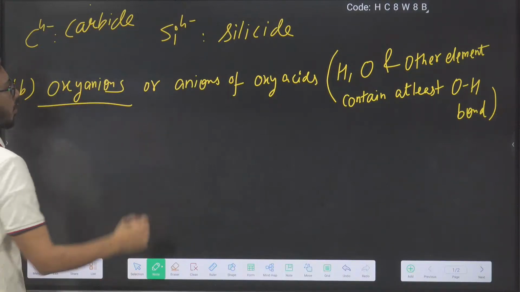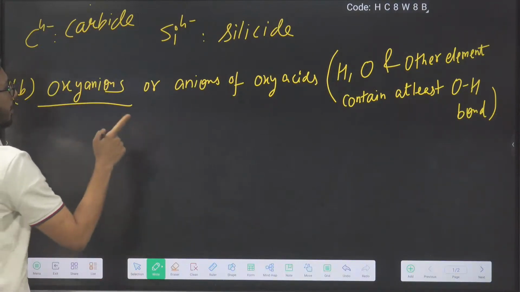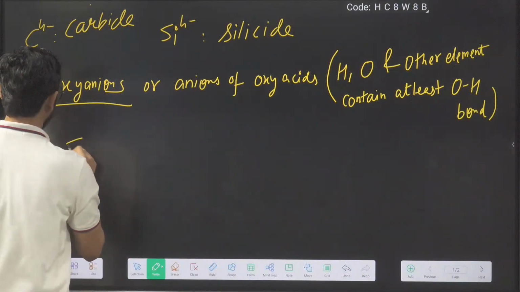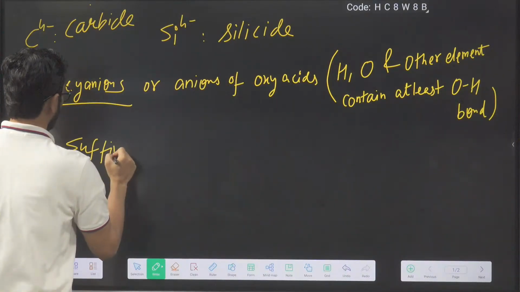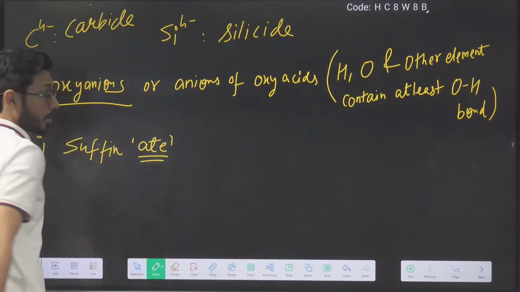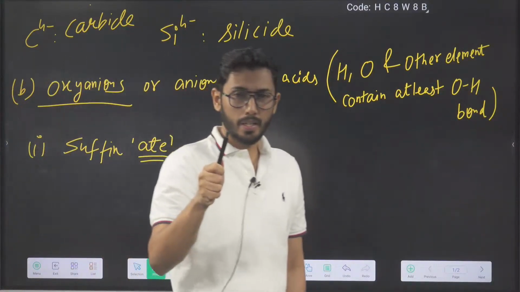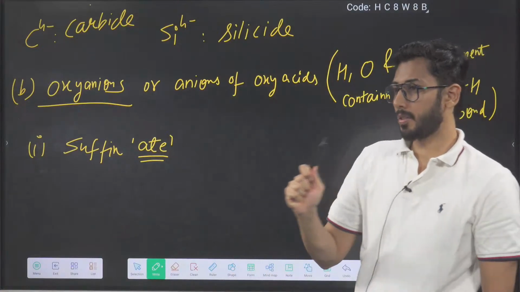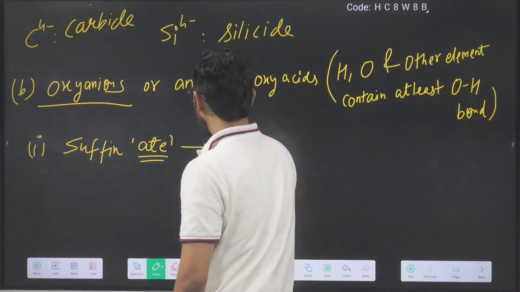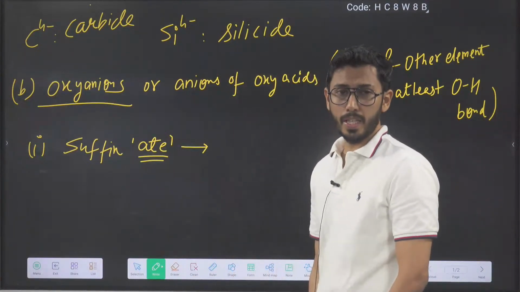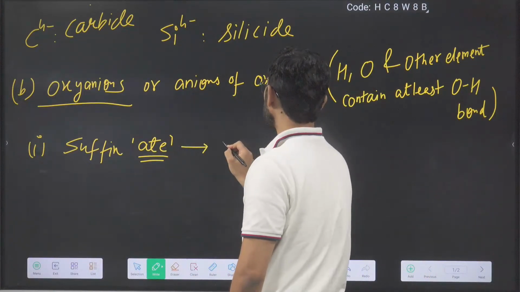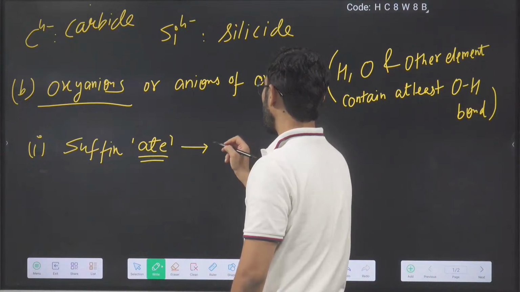ठीक है, अब देखो, here in such cases we talk about few suffixes. Suffix ate is used for oxoanion. First case: suffix ate is used for which oxyacids? Ate is used in anion from which acid? Ic acid.